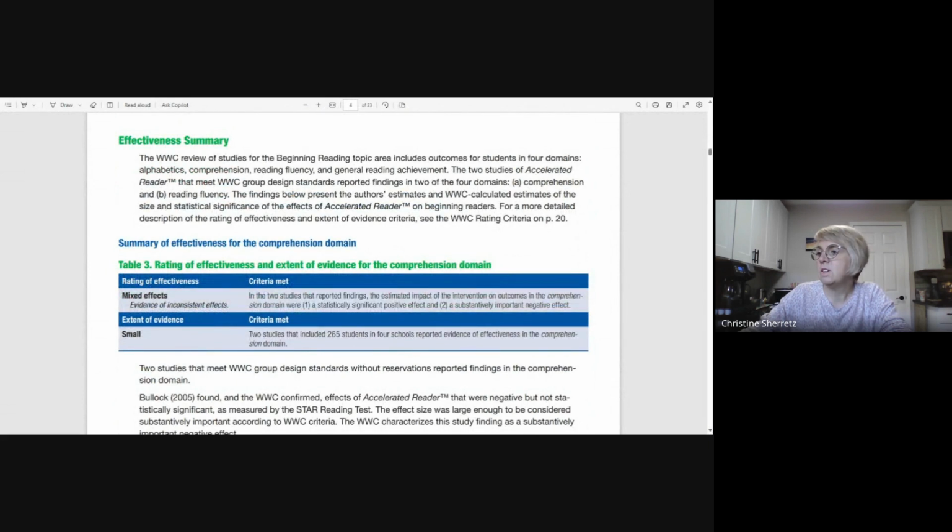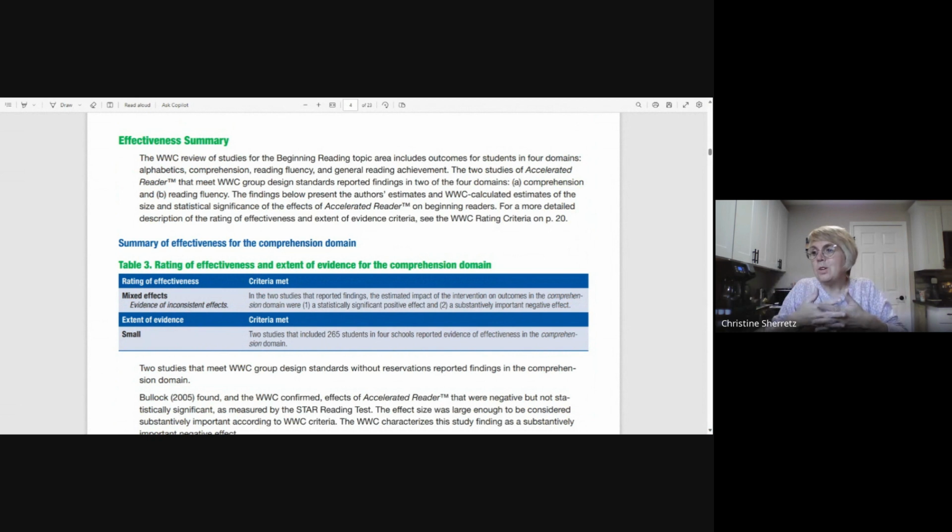In the 2 studies that reported findings, the estimated impact of the intervention on outcomes and comprehension were a statistically significant positive effect. And the second one was a substantially important negative effect. So you had 2 studies. One was positive, one was negative.